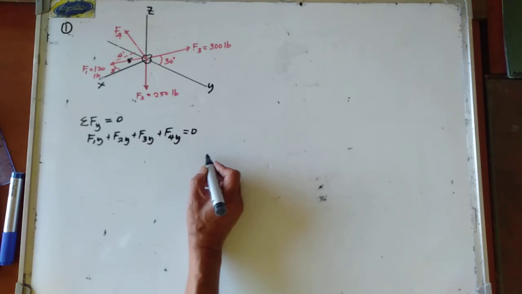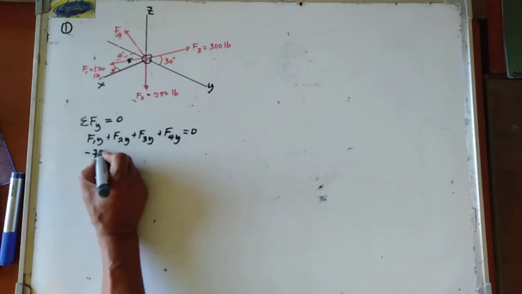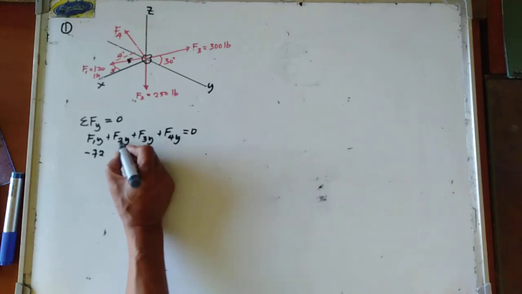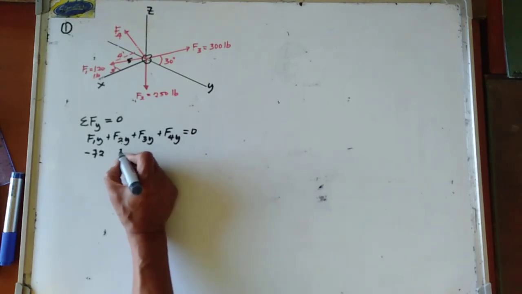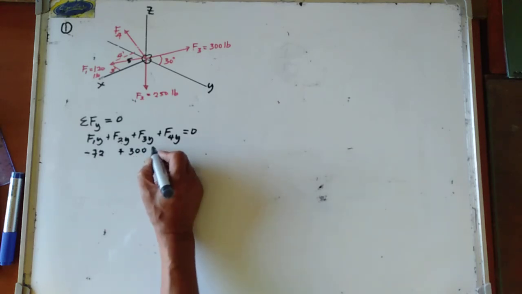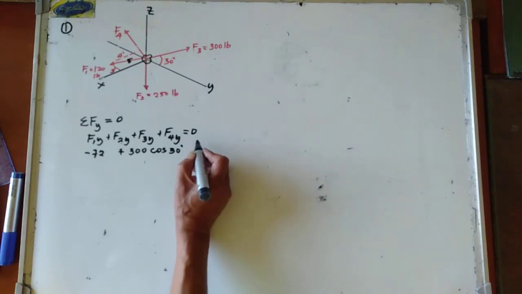We have F1y is negative 72 pounds. Your F2y is equal to 0. And your F3y is plus 300 cosine of 30 degrees.